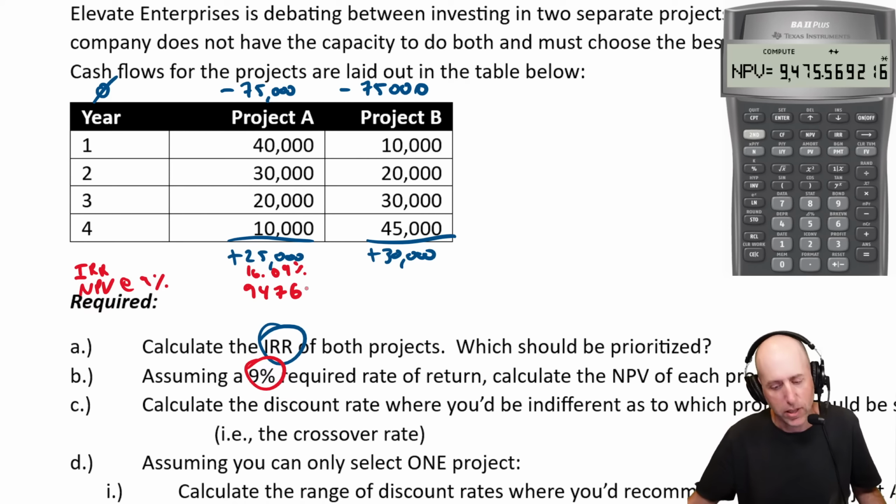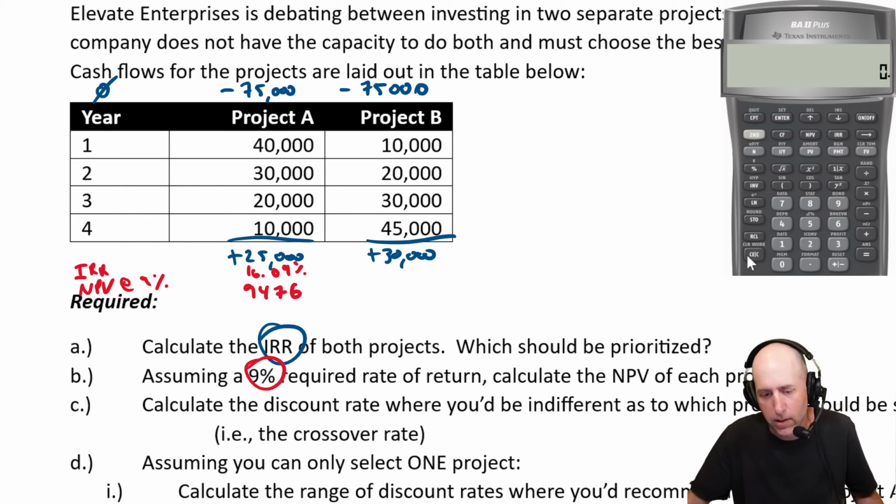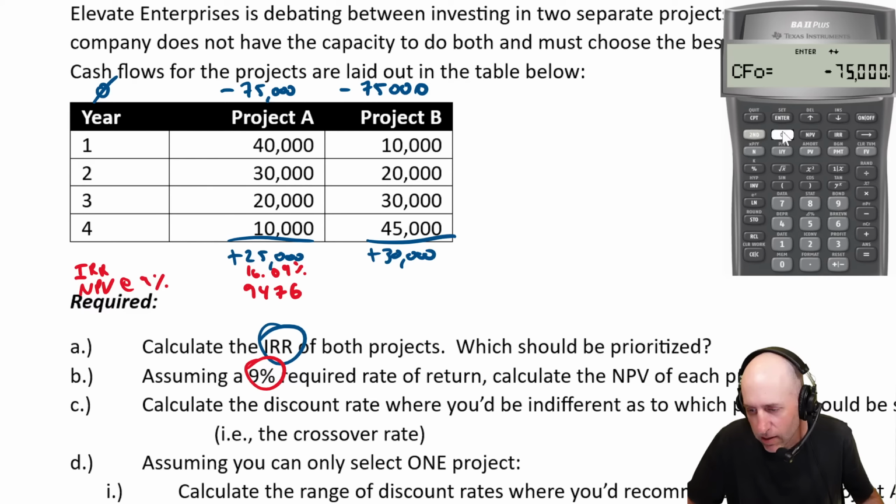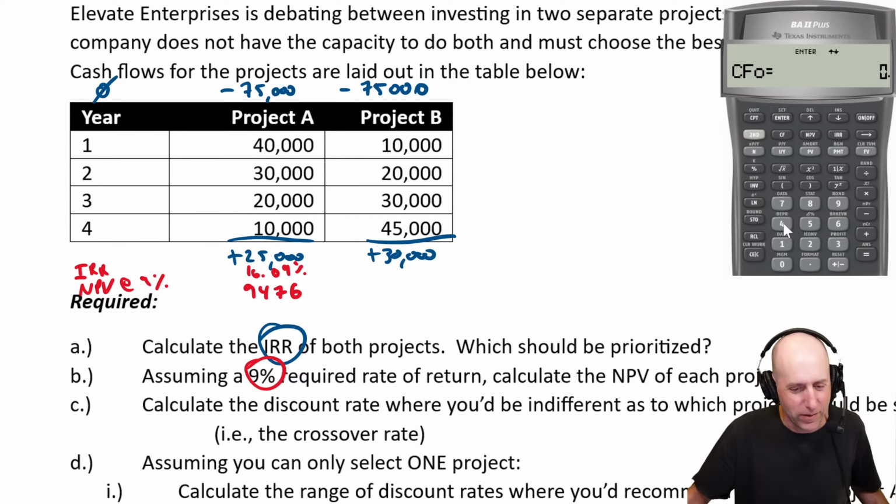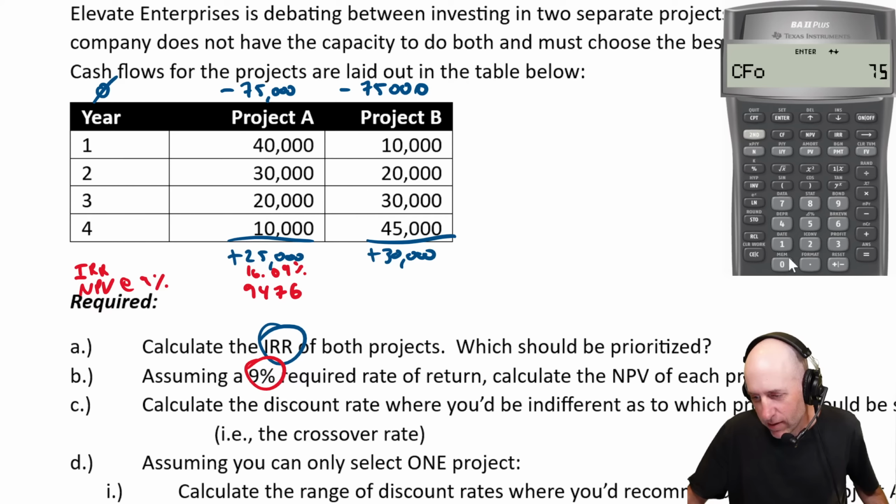Let's do the same for project B. Let's compute the IRR of project B. Oh, sorry, let me CF, second function, clear. I just wanted to clear everything out that had been in there before. 75,000 negative goes in at CF at time 0. My cash flow at time 1 is 10,000 positive.